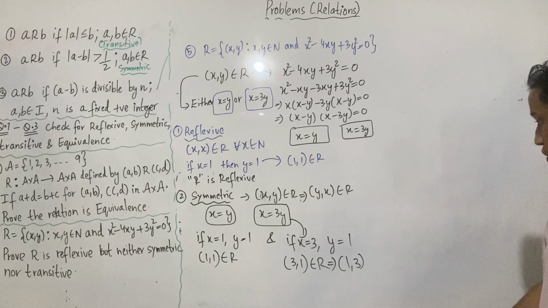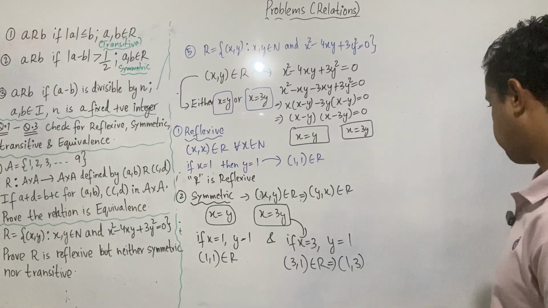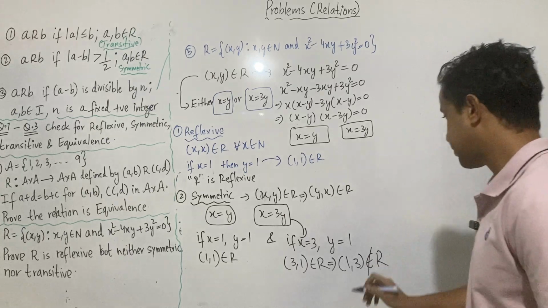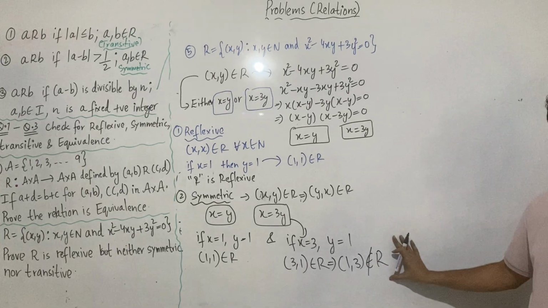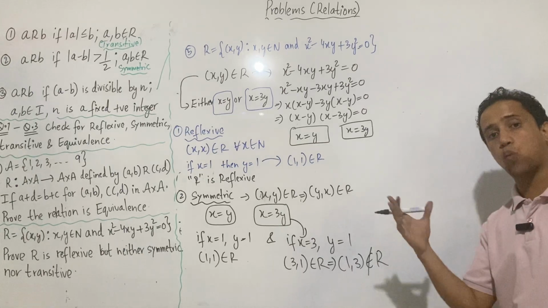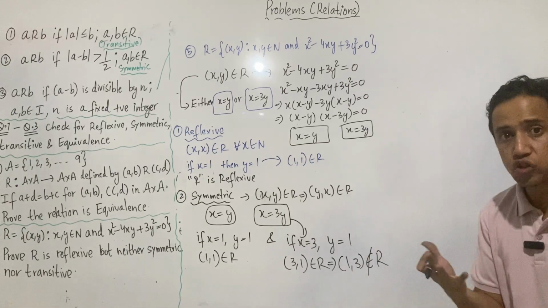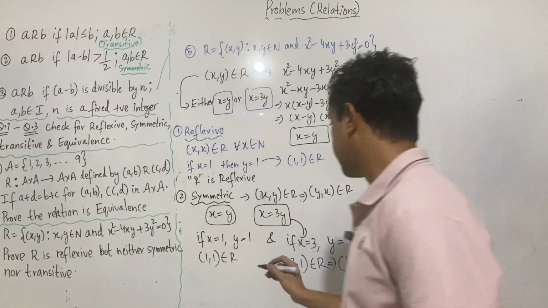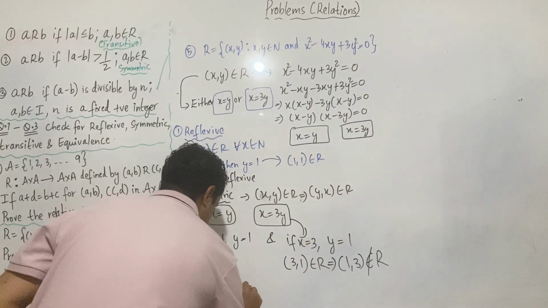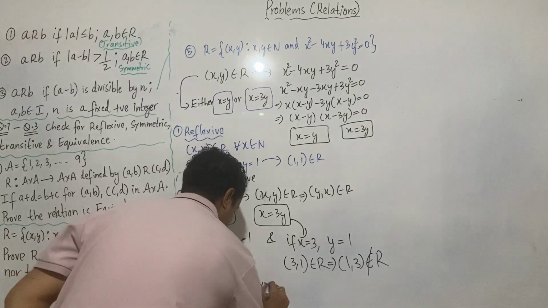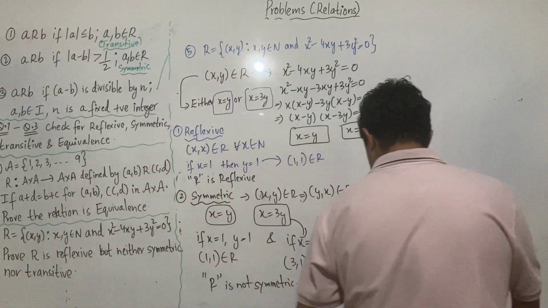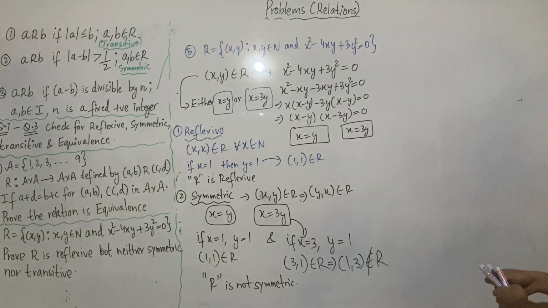So it's not going to be in the relation. So this is not symmetric. Why? Because (3, 1) is fine, but (1, 3) is not in the relation. Therefore R is not symmetric. I hope you understand. Okay, let's check for transitive.